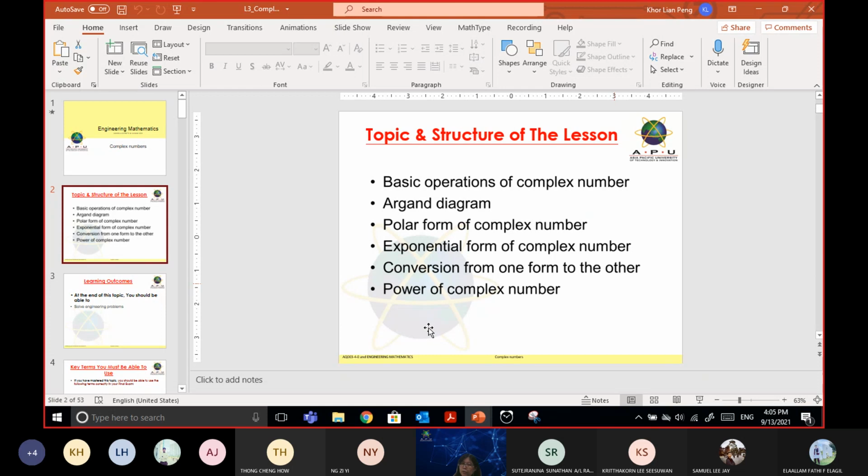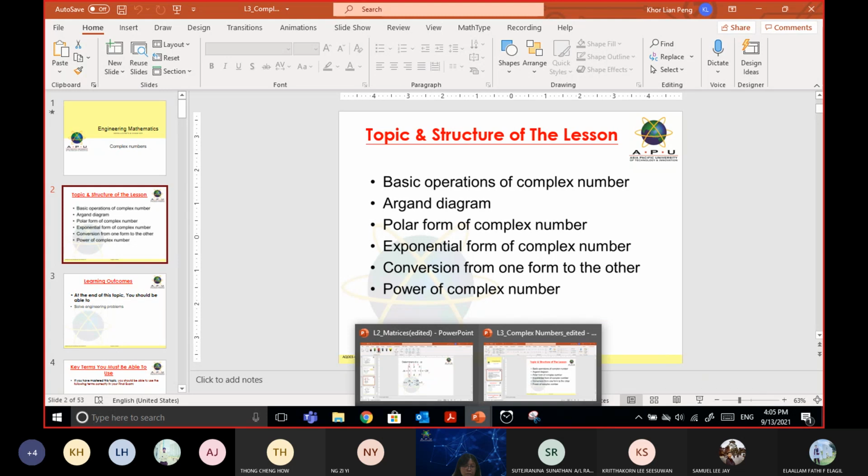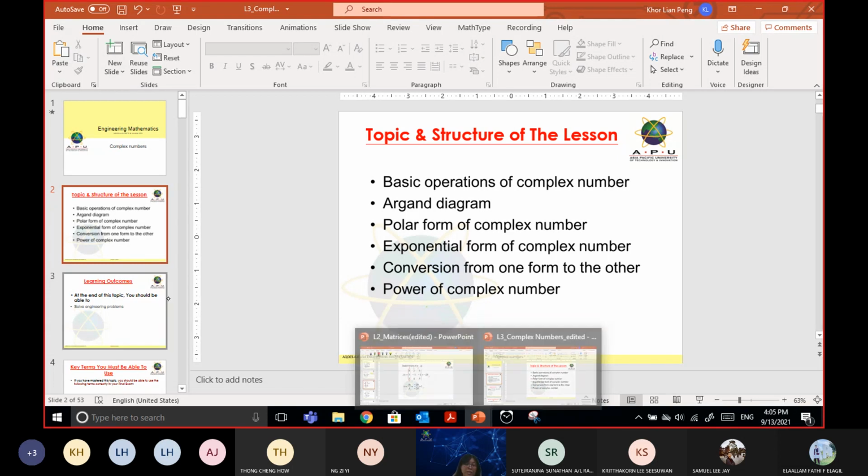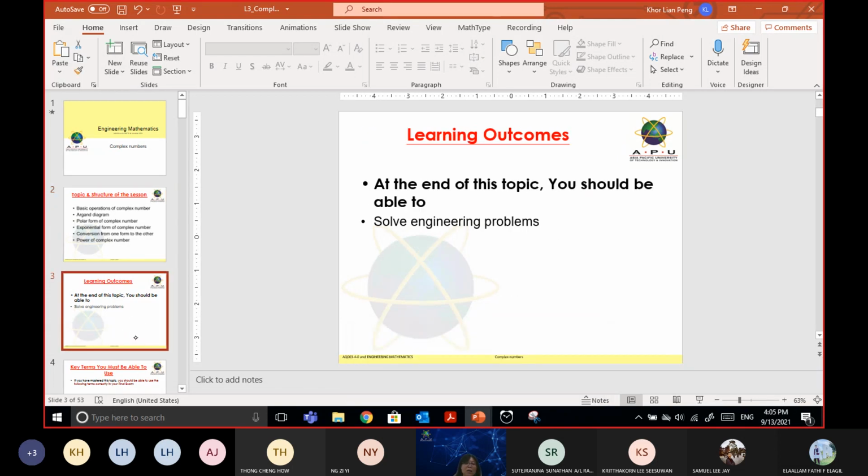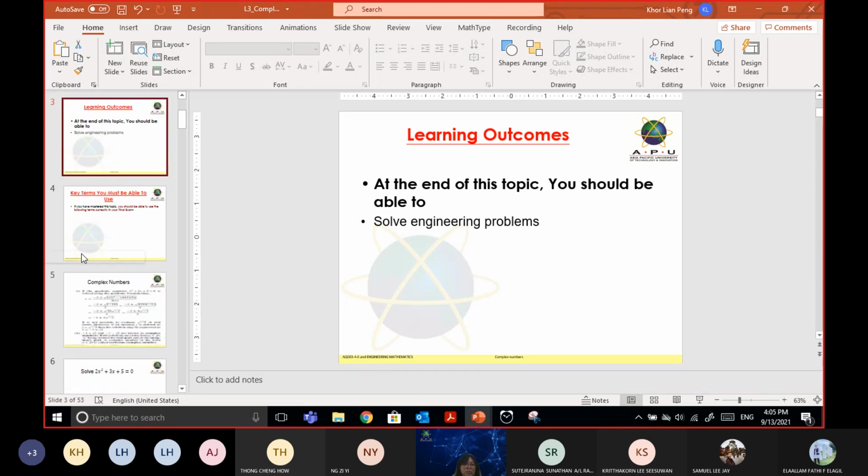To be frank, we will go through a lot of calculation, and the tutorial also has a lot to go through. Then the power of complex numbers, which we can solve by using De Moivre's theorem. The learning outcome is to apply this knowledge to solve engineering problems.